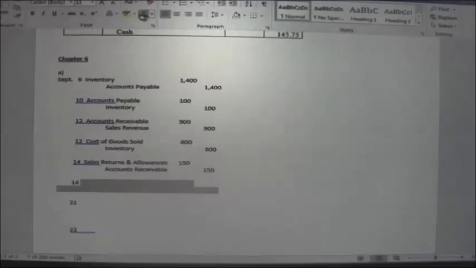At the same time, we must recognize a reduction in our cost of the sale. Okay? So that inventory they returned, it goes back into our inventory, and it is taken away from the cost of goods sold because we did not actually sell that. It was returned to us. Okay?